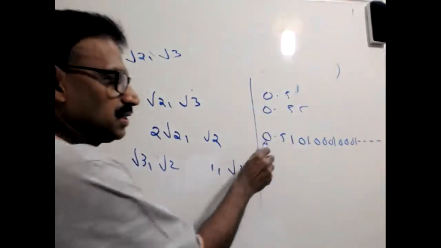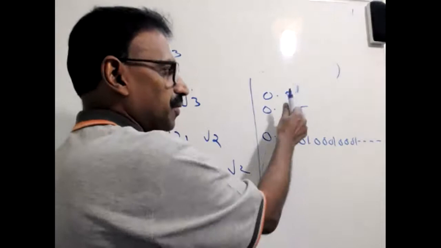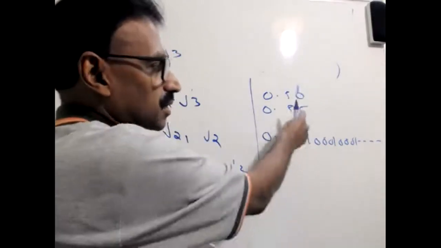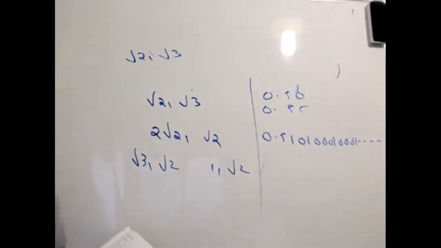We can write 0.51 because 5 is here. 0.527, etc., but it should be etc., otherwise you will be in trouble. Don't write in order.